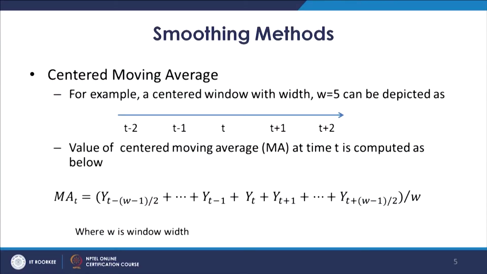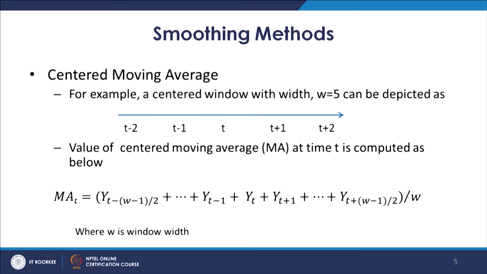So let us understand these two moving average methods in a bit more detail. First one, centered moving average. If we take this example, a centered window with width 5, w equals 5, it can be depicted in this fashion. You can see this arrow is depicting the time series.